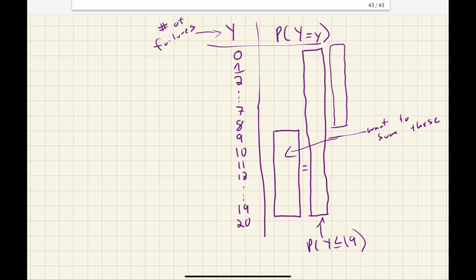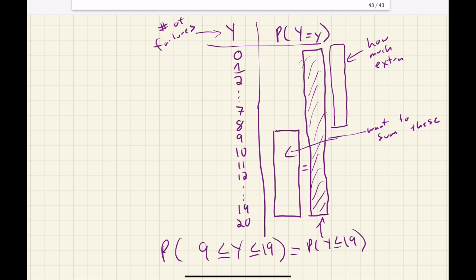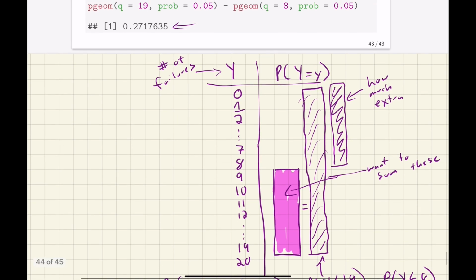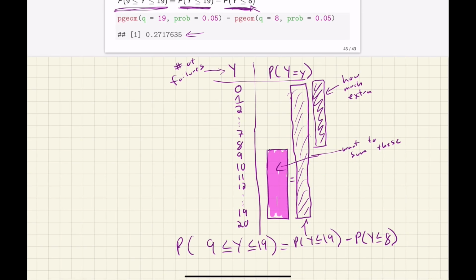We want to get rid of all of these areas. This is how much extra we have. So the probability that Y is within the interval of 9 to 19 is the probability that it's within the interval of 0 to 19, minus the probability that it's within the interval of 0 to 8. Then we end up with just what's left here, which is what we want. This is what's happening in this calculation in R.